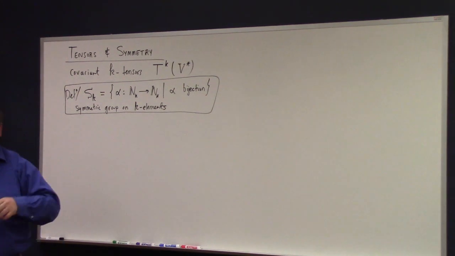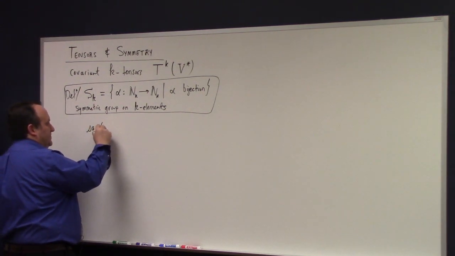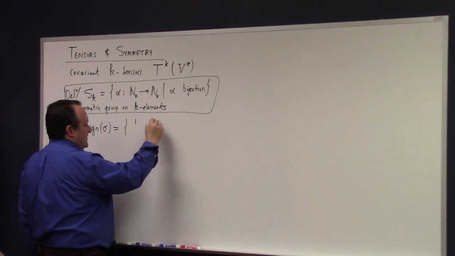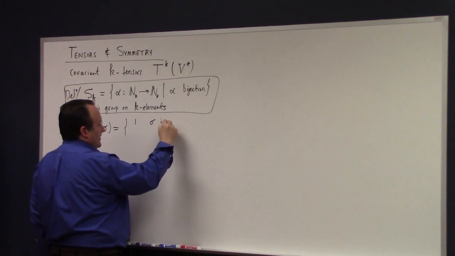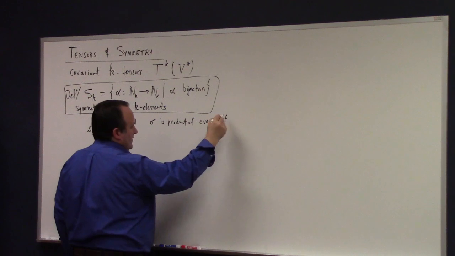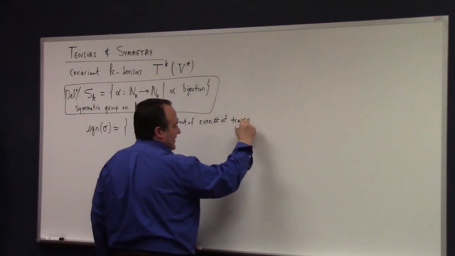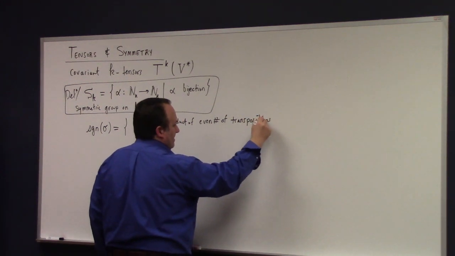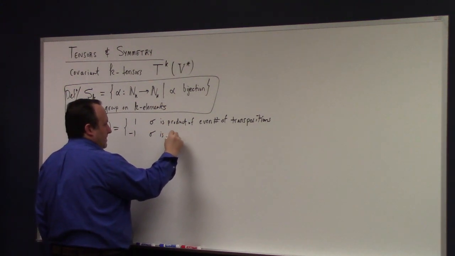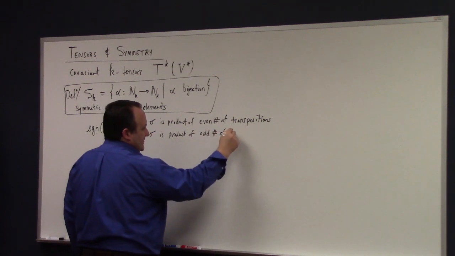So for that reason, you can define the sign of a permutation sigma to be equal to 1 if sigma is a product of an even number of transpositions, and it's -1 if sigma is a product of an odd number of transpositions.